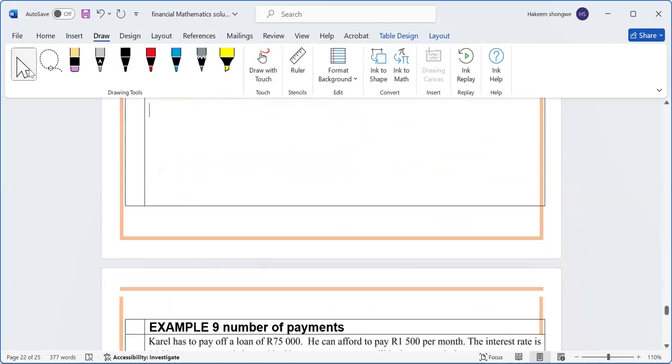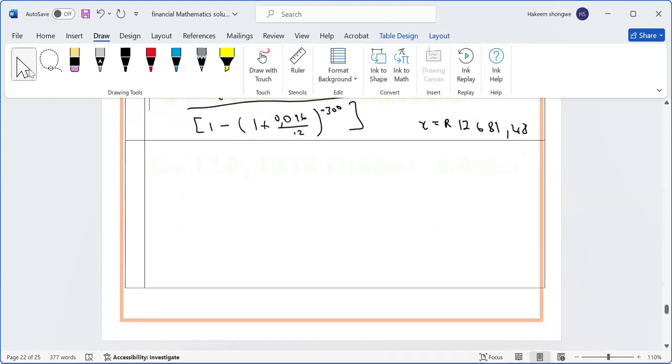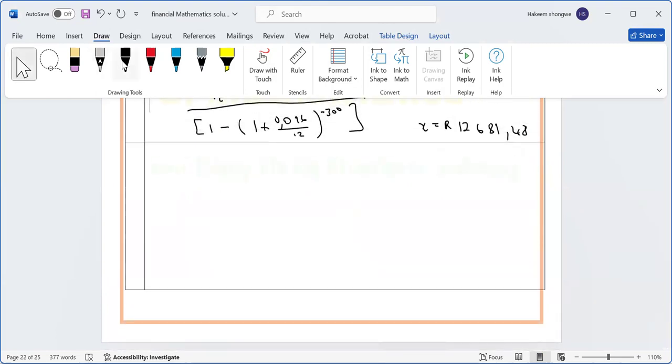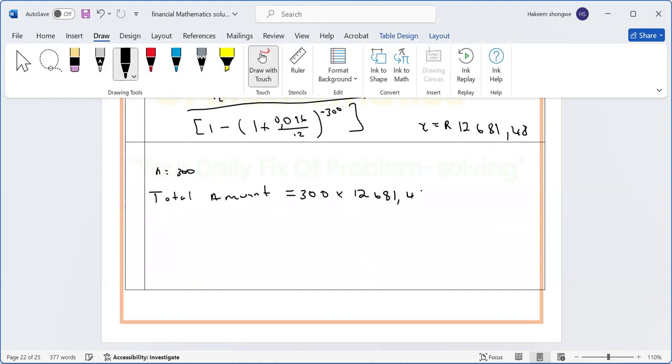So if we want to know the interest, Nkosinathi actually made 300 payments, so n is equal to 300. The total amount that Nkosinathi paid is 300 multiplied by 12,681.48.